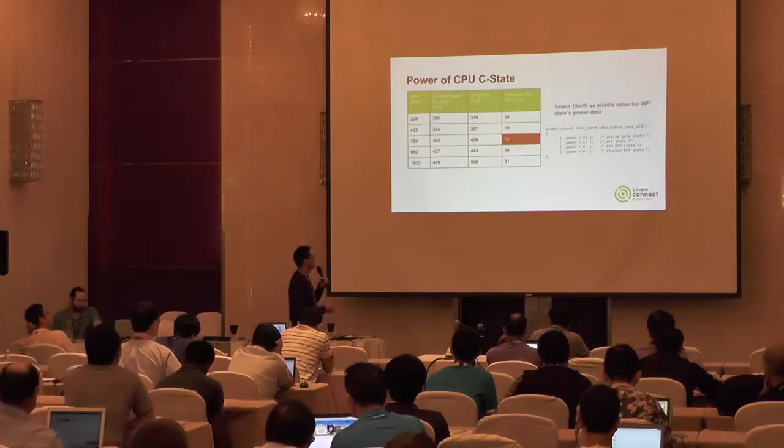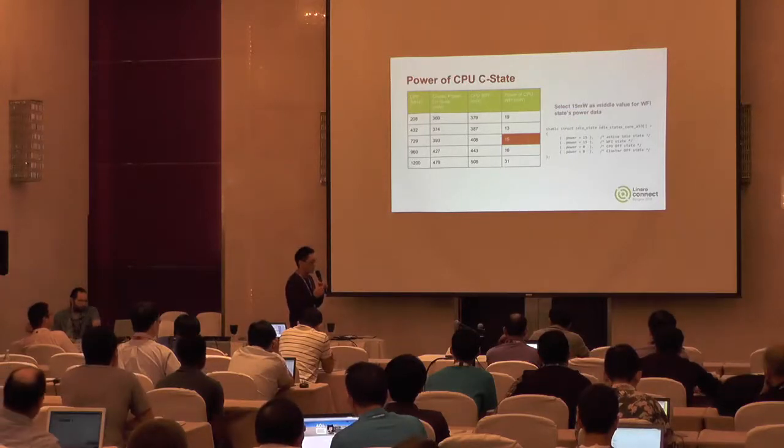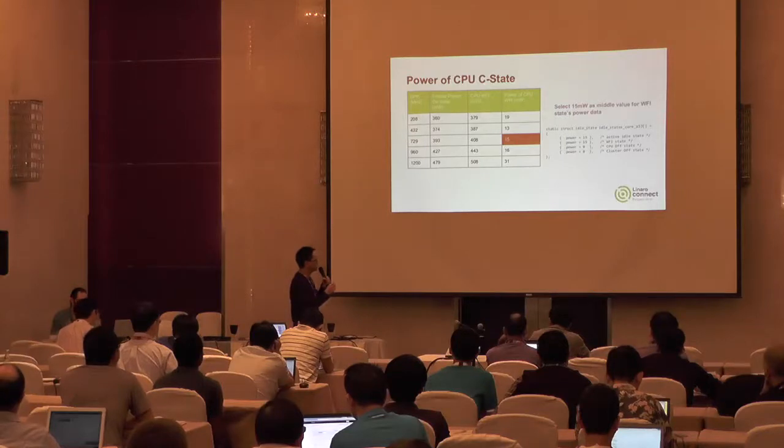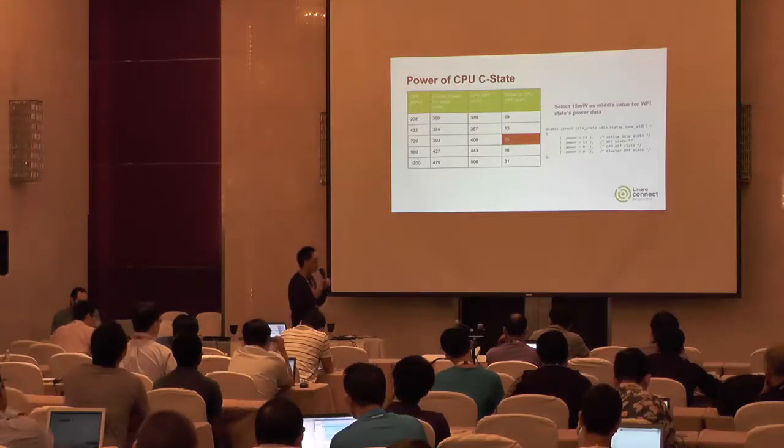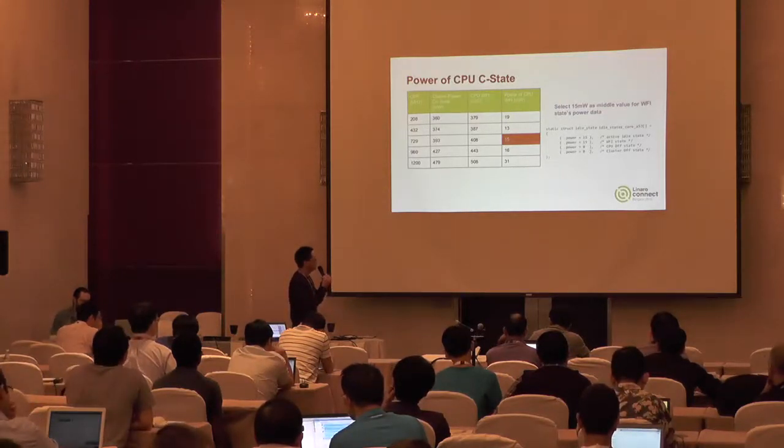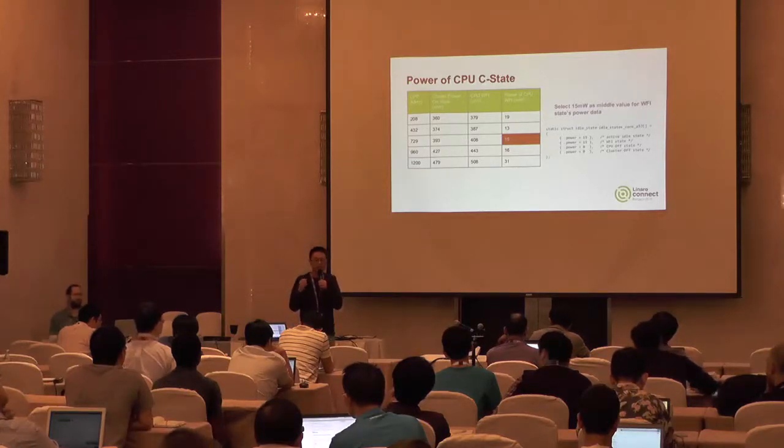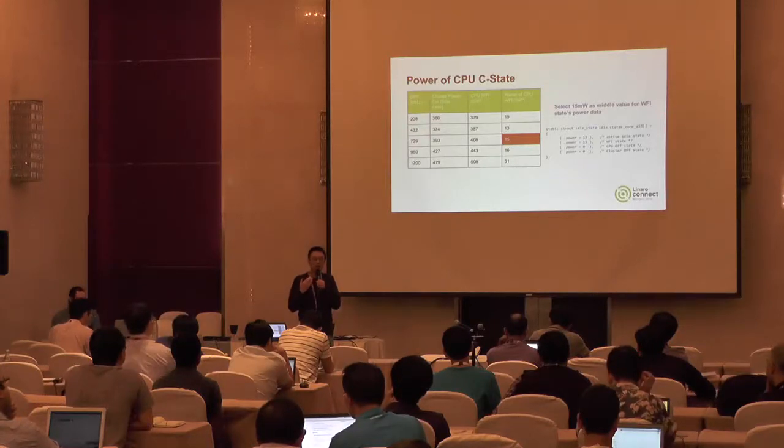Here, one thing we should take care of is the idle state. Actually, when we pass to the core framework, there is an active idle state. Later we will explain what the active idle state is, but here we just take it as the WFI state.